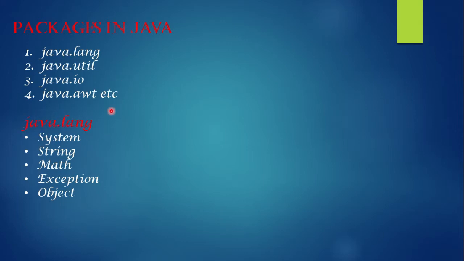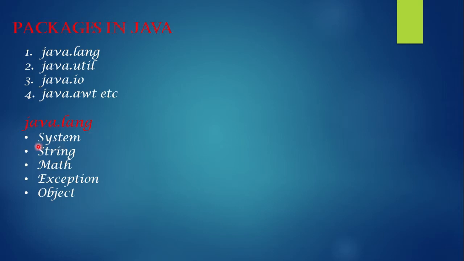Now we are going to discuss the java.lang package. In this package there are many classes available. I told you in the previous discussion, java.lang is a package, meaning it contains many classes and other sub packages also.